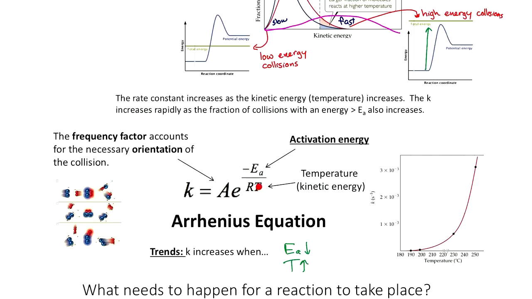Because temperature is in the denominator, if this temperature is a bigger number, then this negative exponent becomes a smaller negative value, and if you take e to that smaller negative exponent, then k actually becomes a larger number. So the trend is as temperature goes up, the exponent is less negative, and k overall is larger as well.